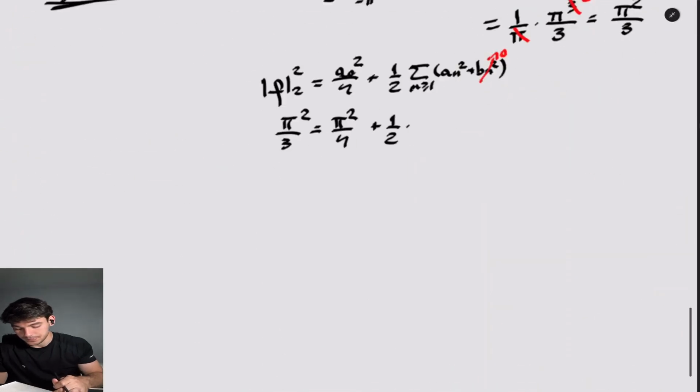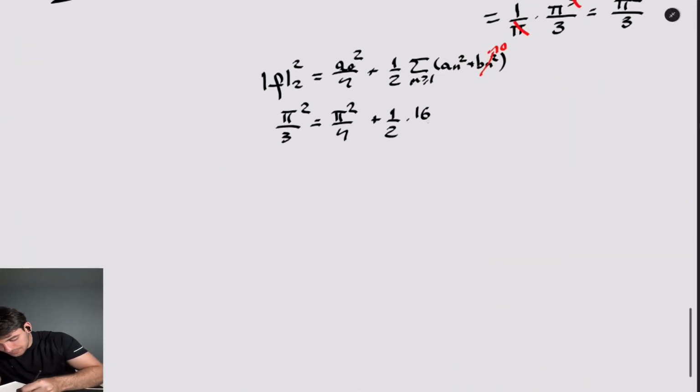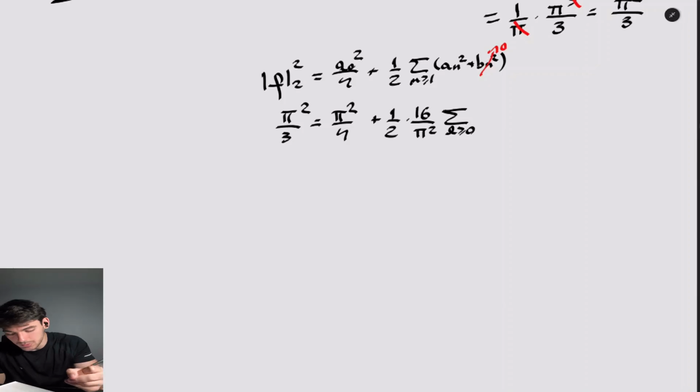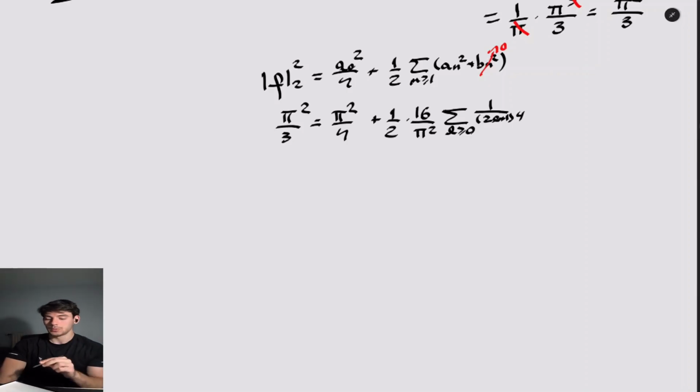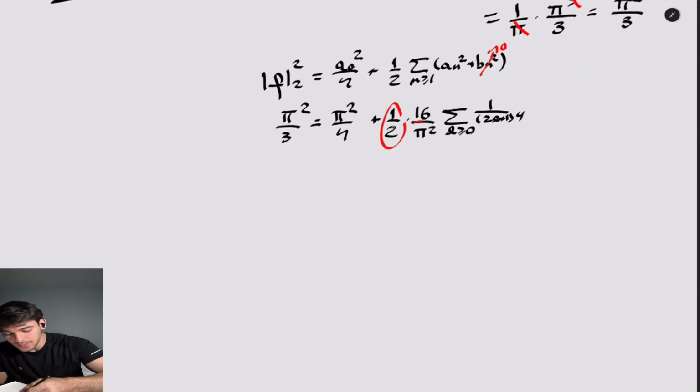So 16 divided by pi squared, and here at the sum we'll have L greater or equal to 0, and 1 divided by 2L plus 1 to the power of 4. So now we have the sum that the question is asking for, and we have all the other values, so now it's just algebra and we'll reach to the result. So half of 16 here is 8, so let's erase the half, put an 8 here.